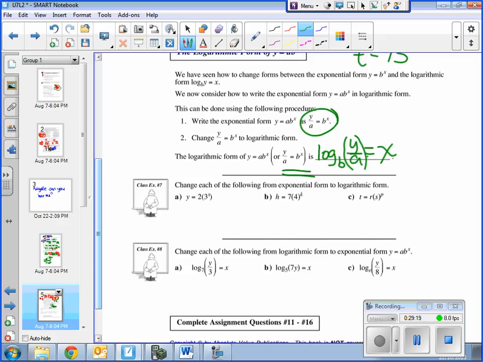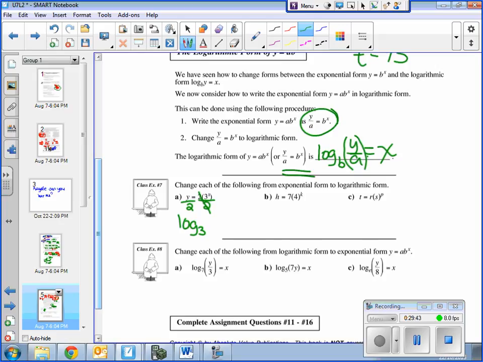Okay, so knowing that, the first step is to divide by a. So this has 2, so we're dividing both sides by 2. So log, what's my base? Three.